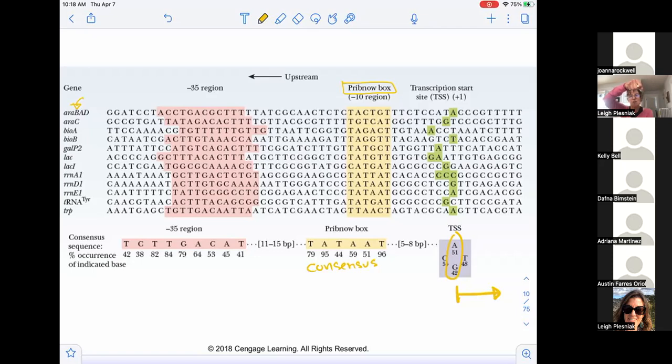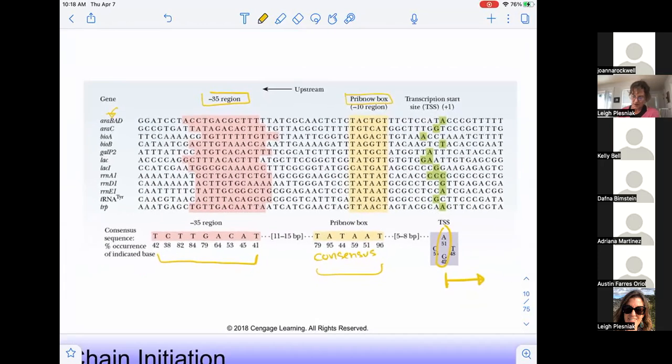And so this is probably where the transcription bubble starts, because that region of DNA can be opened up more easily. Okay, so that's the Pribnow box. At -35, there's the -35 region, and this is the consensus sequence for that.